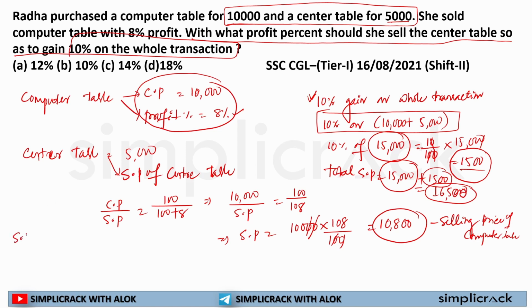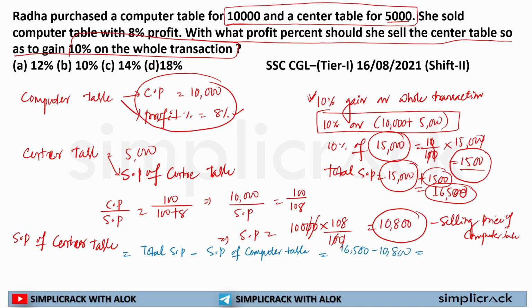So sales price of center table is what? Total sales price minus sales price of computer table, which is equal to 16,500 minus 10,800, which is equal to 5,700. If you solve it, you will get the answer.